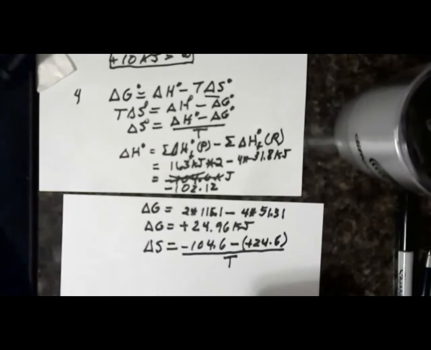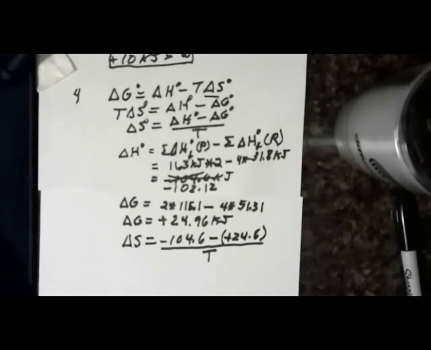I probably hit the 2 instead of the 3 on my calculator. But here's my question: when I entered it in the calculator as 2 times 11.3 minus 4 times 31.18, the answer was negative 102.12. But when I entered it as 11.3 times 2 minus 4 times 31.8, which is all the same figures, the answer was negative 104.6. So it's just the 11.3 times 2 reversed.